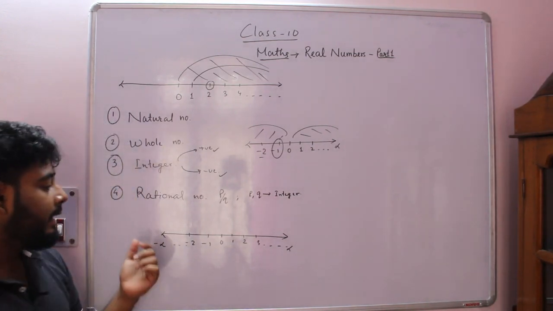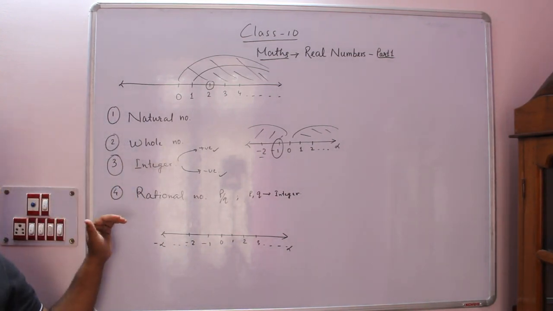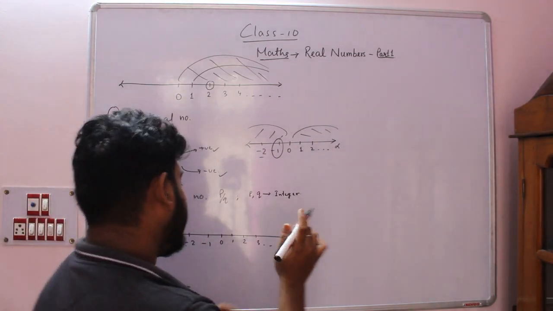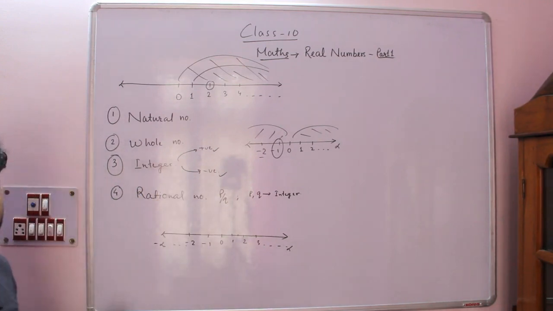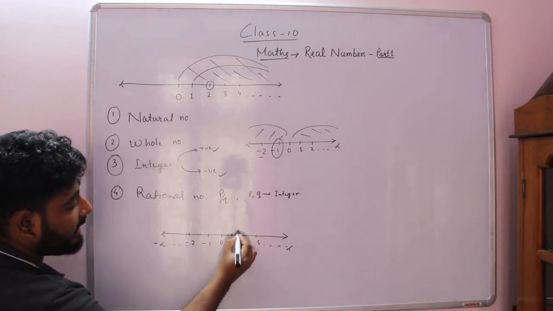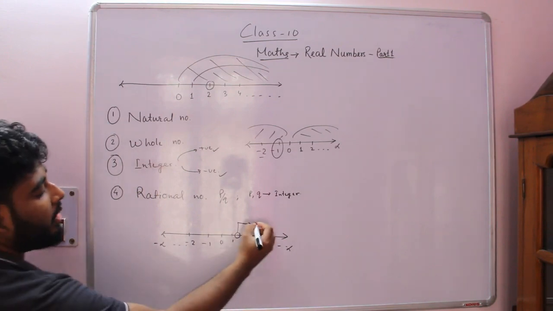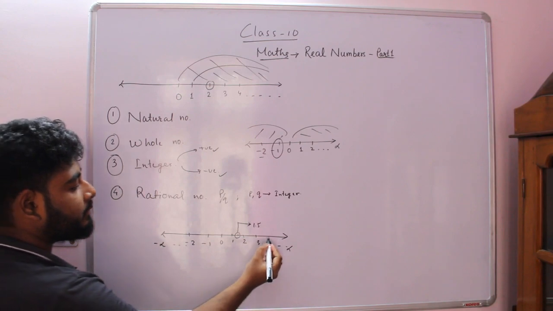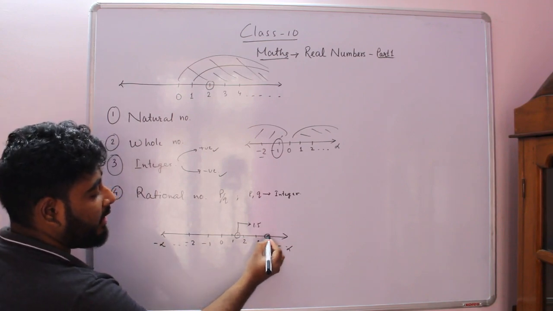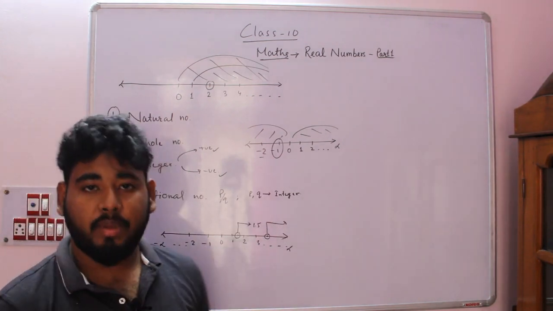But if I talk about rational numbers, suppose you close your eyes and put a marker anywhere on the number line. Wherever you put it, you will get a number, maybe 1.5. Anywhere on the number line you put the marker, there will definitely be a number.